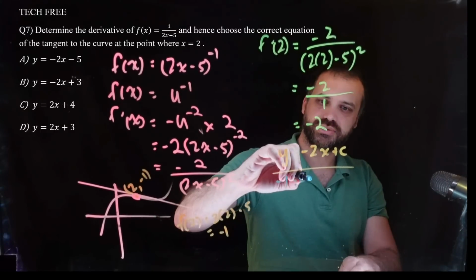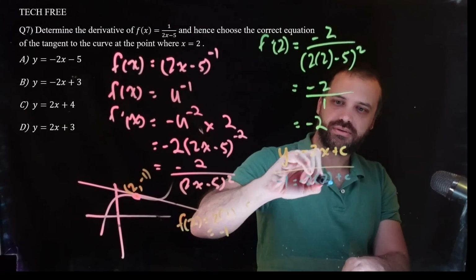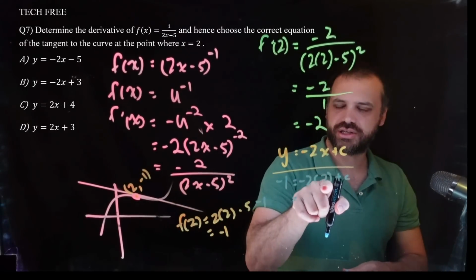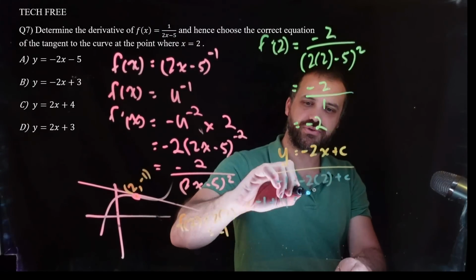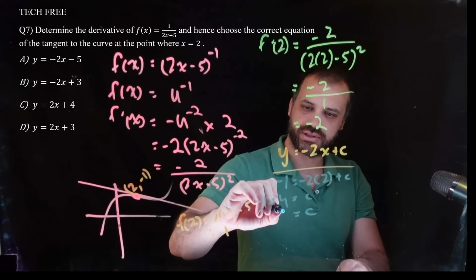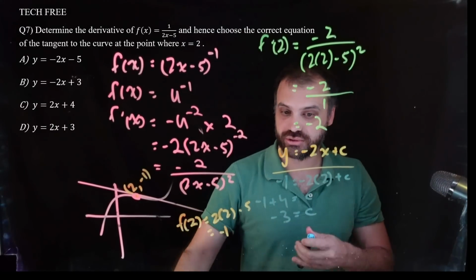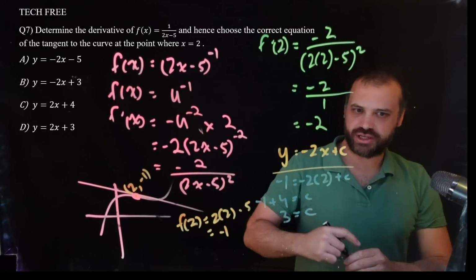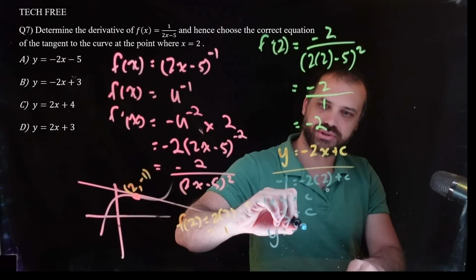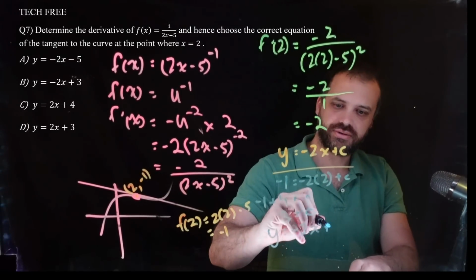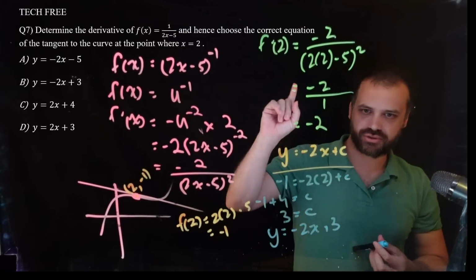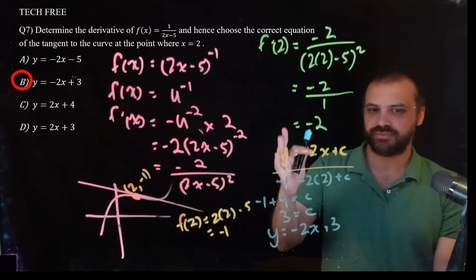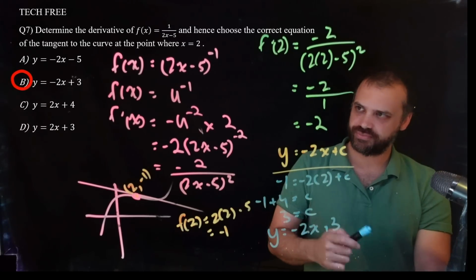Negative 1 equals negative 2 times 2 plus c. Negative 1, that's minus 4, so I'll move that over here as positive 4. C equals 3, not negative 3. Alright, I am finished. Therefore, y equals negative 2x plus 3. My answer is B. Done. A little bit of work for a multiple choice, but there we are.